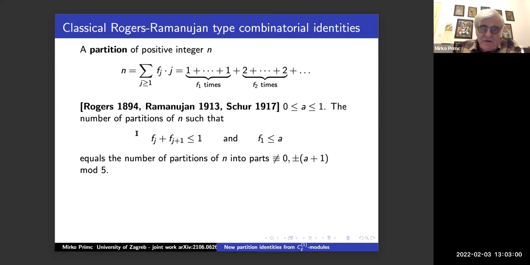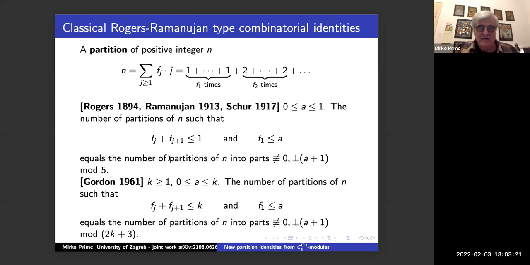So this difference condition is saying that two parts, j and j plus 1, like 1 and 2, cannot appear simultaneously. So if one appears, the other cannot in the partition.